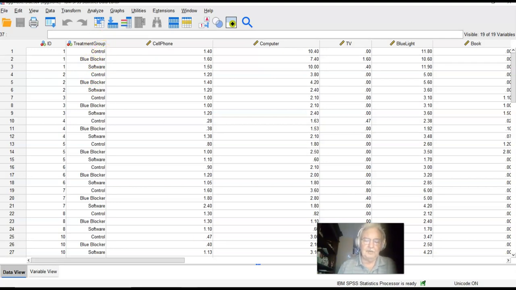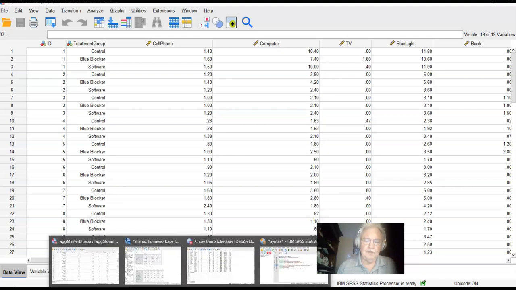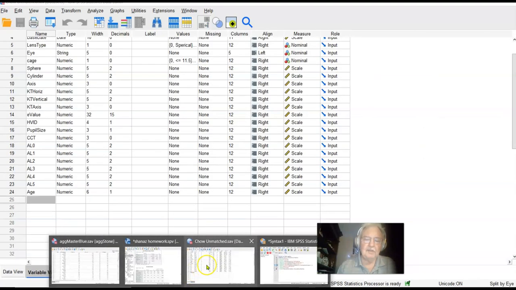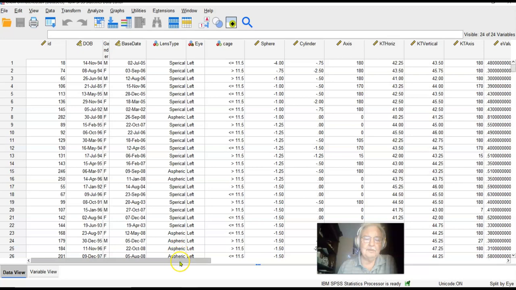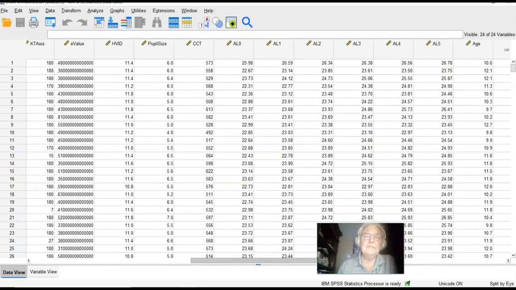So what we're going to do is go to a different database. We're going to go to our Ortho-K, and we see here we have in a wide fashion axial length. It looks wider if we go to data view. So we have AL0, 1, 2, 3, 4, 5.